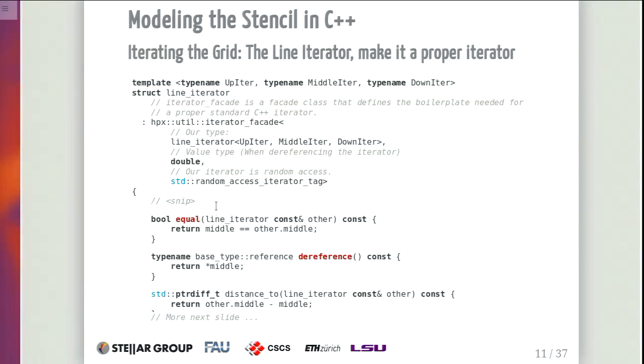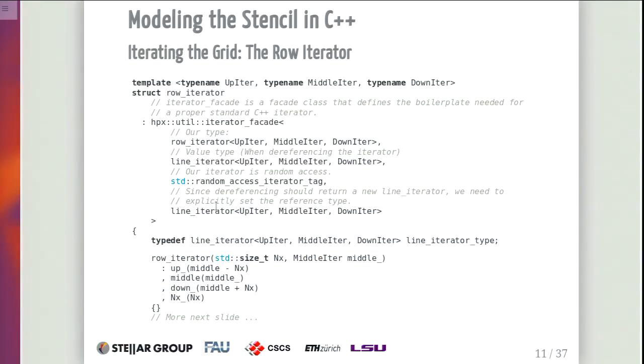And yeah, we also want to have the row iterator, right? It's a little bit more complicated. So for the row iterator, I said we want to move row by row, or line by line. So we have to pass it an additional nx parameter in its constructor.